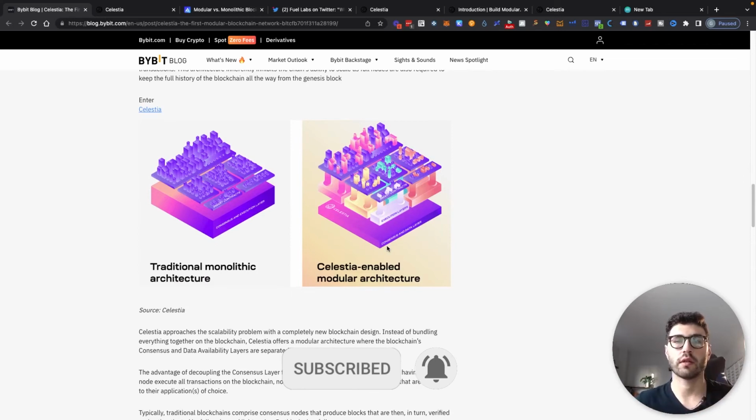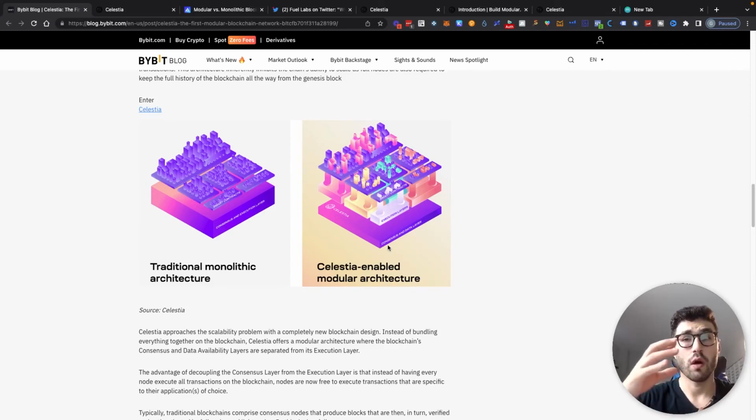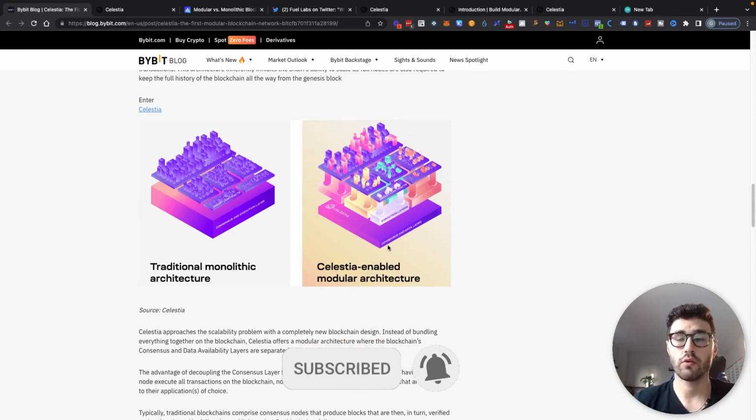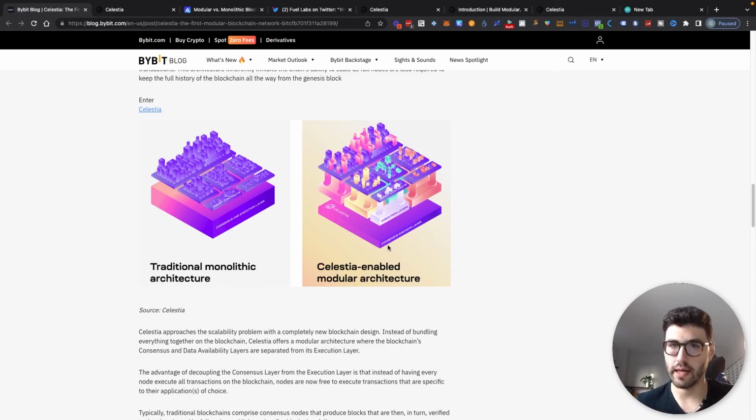So they're working on the deployment of the mainnet and then the token generation event. Okay, but there are also other modular blockchains that are being released shortly, probably in mid 2023, and that's why I do believe that catching those early and being involved in those projects is what's gonna make a huge difference in the next bull run.